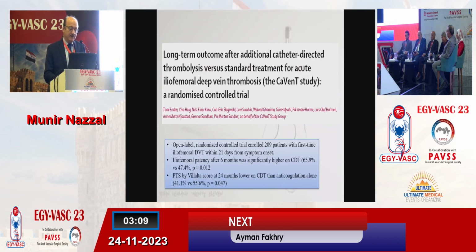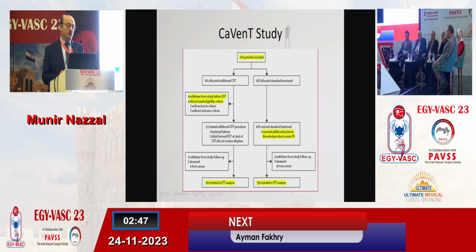If we look at the CaVenT study, the open label randomized study, iliofemoral patency after 6 months was higher in the catheter-directed lysis than the medical group. And the PTS by Villalta score at 24 months was lower again in the catheter-directed lysis. This is one of the few studies, but it achieved a p value of only 0.047.